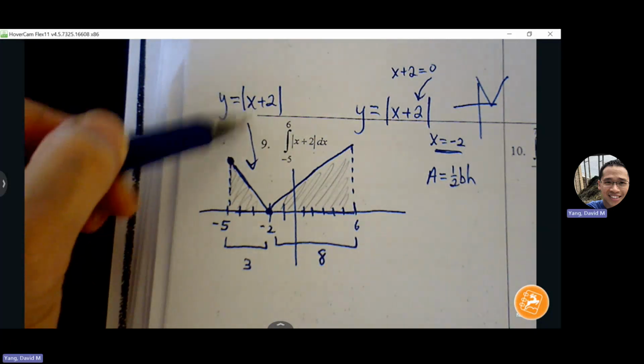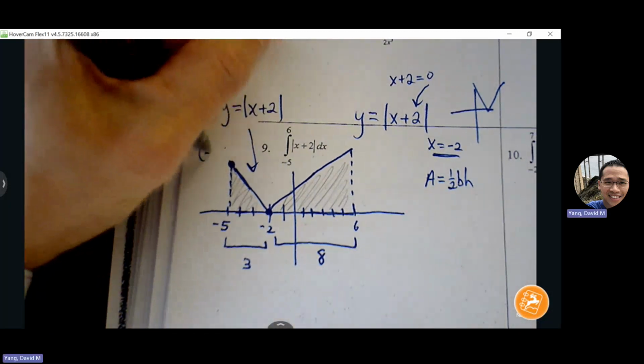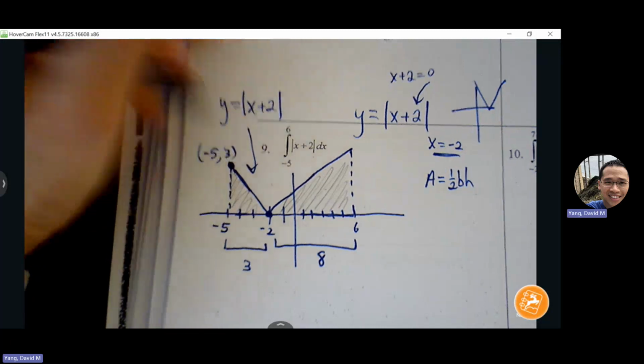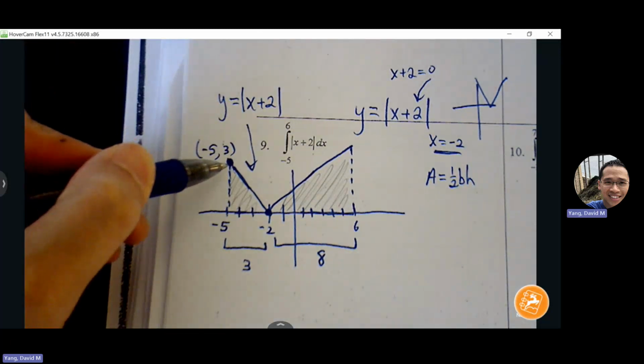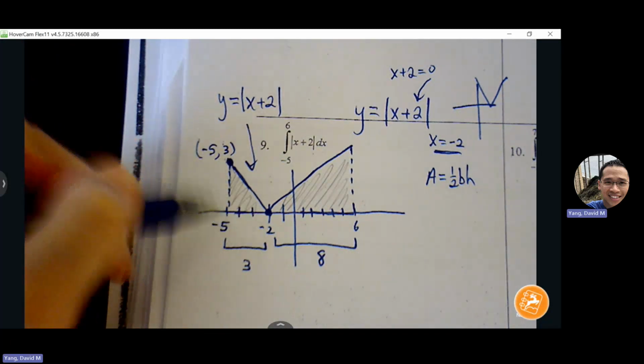So if I plug -5 into the function to get this point here, what's -5 plus 2? -3. What's the absolute value of -3? +3. So the ordered pair here is (-5, 3), and 3 will be the y value at this point, which will be the height of this triangle.